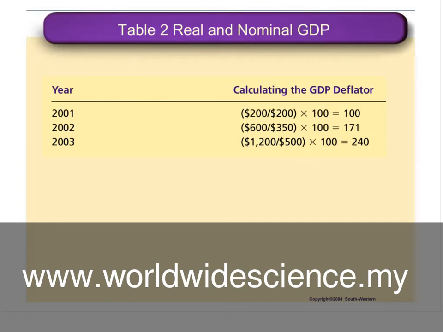So these are some calculations. For 2001, the GDP deflator is the same. For 2002, as you can see, it is 171. For 2003, the GDP deflator, which is the division of the nominal by real times 100, is 240.